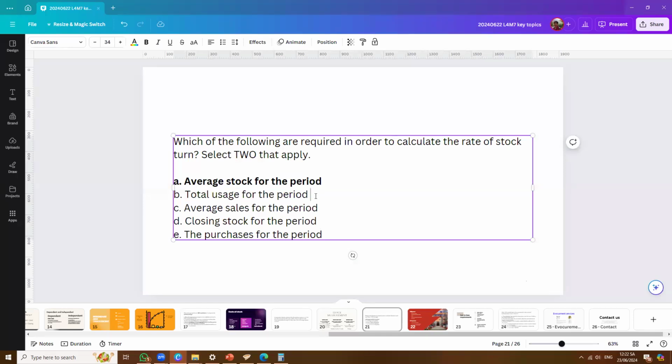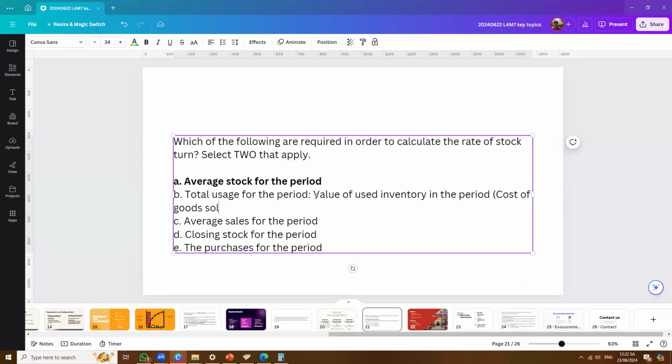Okay, what does it mean? The total usage. This one can be expressed as the value of used inventory in the period. In other words, this one is the cost of goods sold.